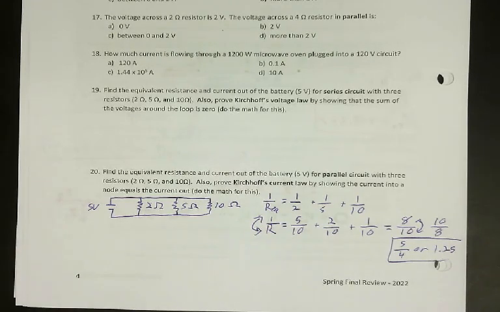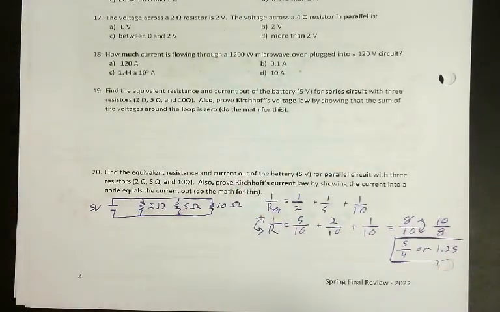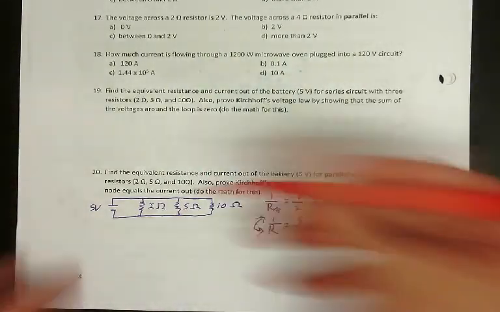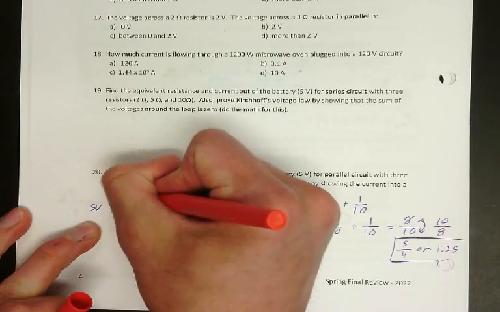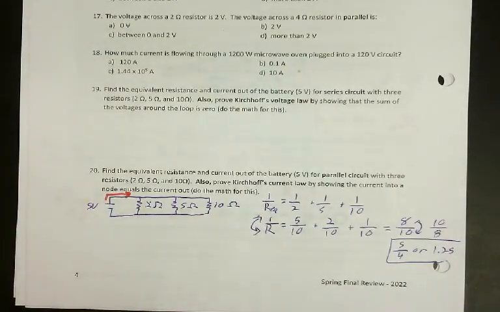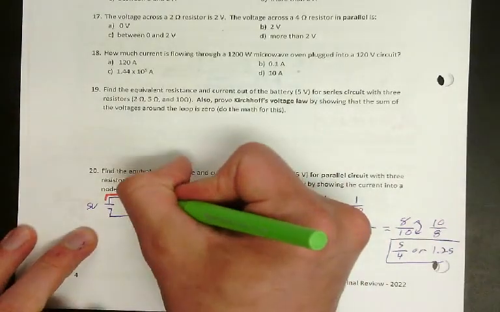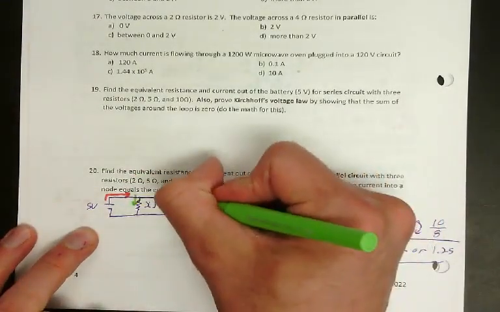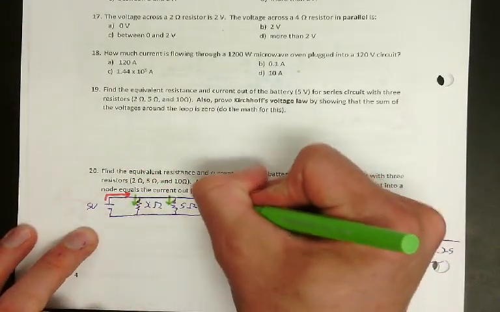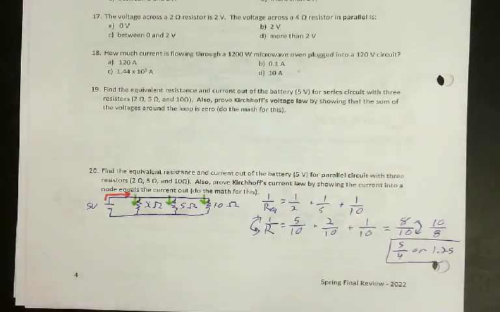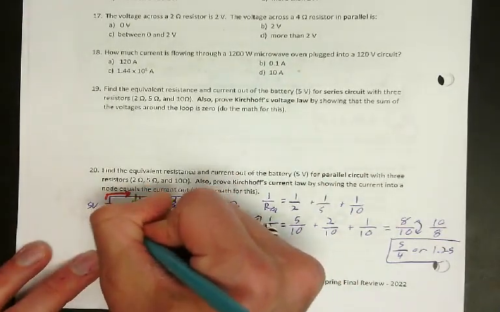Okay, so now we got to do Kirchhoff's law. So Kirchhoff's law says this. The current that leaves the battery, so the current coming in, has to equal the current going out. And the current going out is the current that goes through the resistors. So the setup would basically look like this.